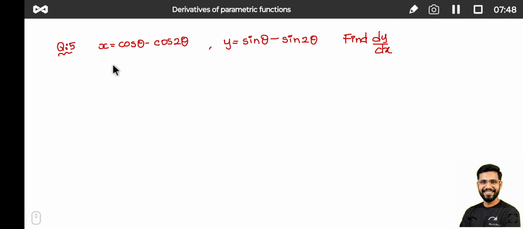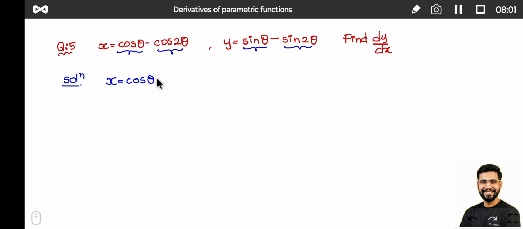So next we have x is equal to cos theta minus cos 2 theta and y is equal to sin theta minus sin 2 theta. So the variable here is theta. x is given as cos theta minus cos 2 theta.